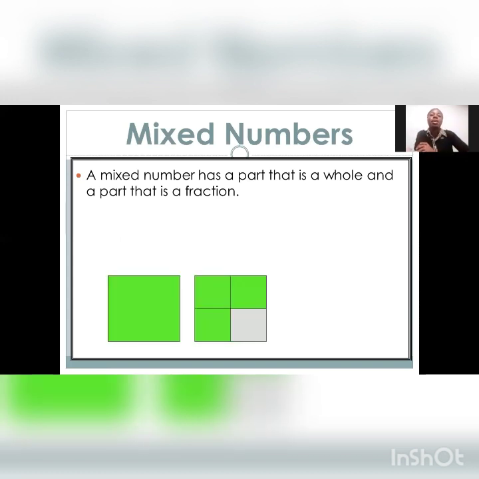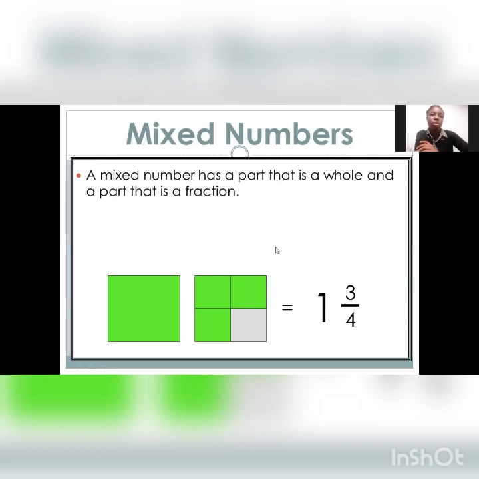Let's look at an example. Now, as you can see from the diagram, this is one fully shaded part, as well as here is another part, but not all of the parts are shaded. Only 3 out of the 4 parts are shaded. So this is how you would write a mixed number.